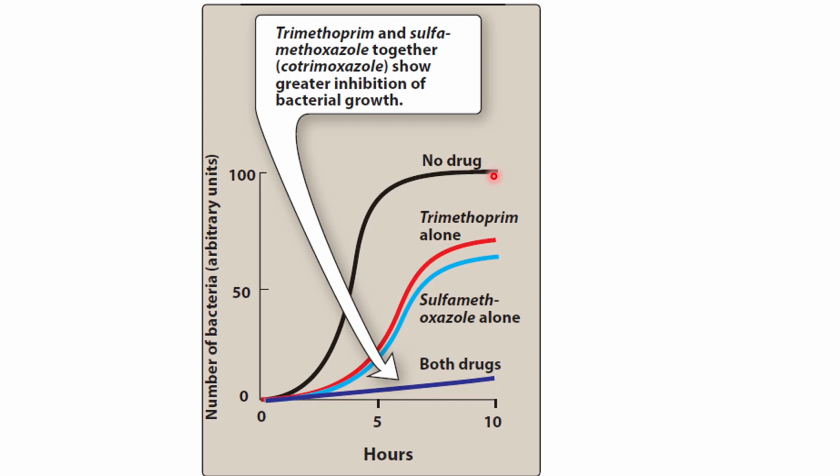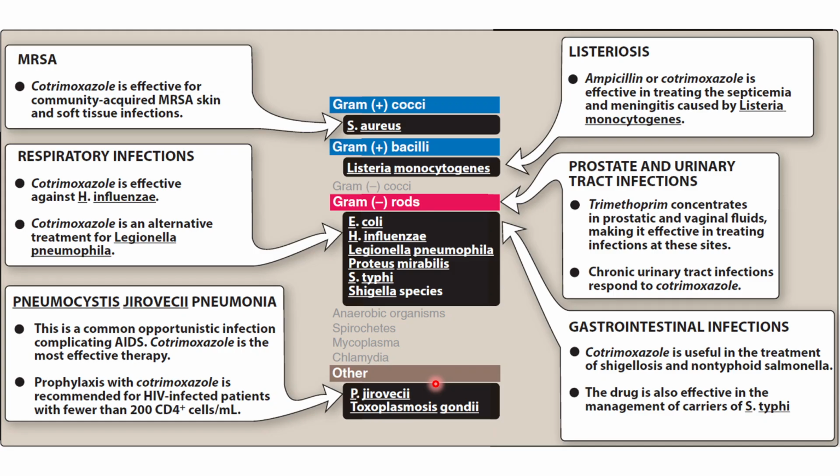So, for example, trimethoprim alone has this effect on bacteria growth. Then sulfamethoxazole alone has the same effect, but when they are combined together, the effect is increased dramatically, and that is why cotrimoxazole is a very effective drug for the inhibition of bacterial growth, and that is why only in combination it is used now, only in combination.